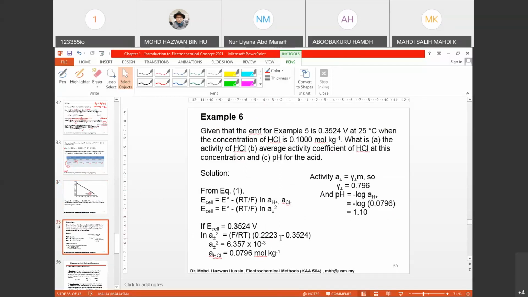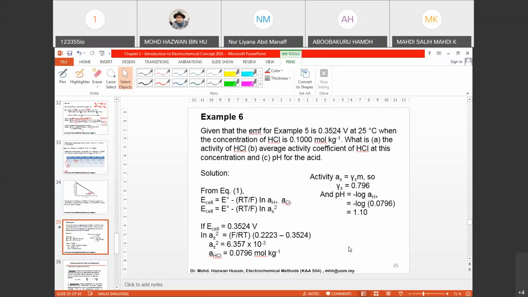So the E naught cell minus E cell, then you'll get a negative value, and then you multiply with this value, and then you take the antiln, you get a positive 6.357 times 10 to the power of minus 3. So a, the activity either for H plus or for Cl minus, because both are the same. So you just square root the value, you will get 0.0796. This is the activity of HCl.